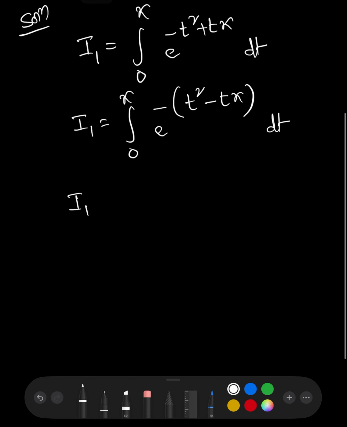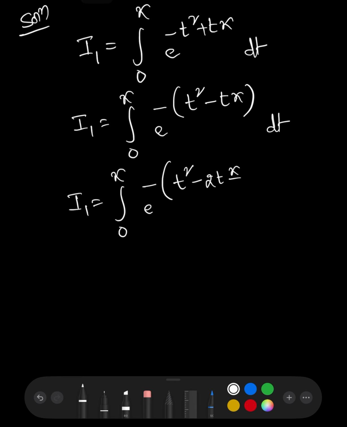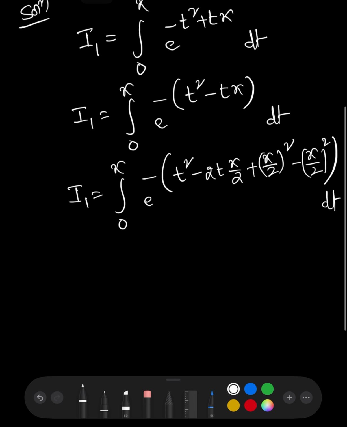Then I1 equals the integral from 0 to x of e^(-(t² - 2t(x/2) + (x/2)² - (x/2)²)) dt.